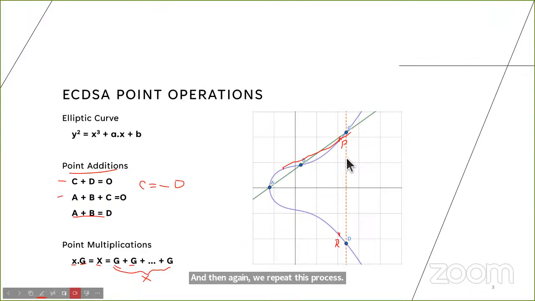So these are the basic, fundamental point addition and point multiplication operations defined in the ECDSA cryptography system.